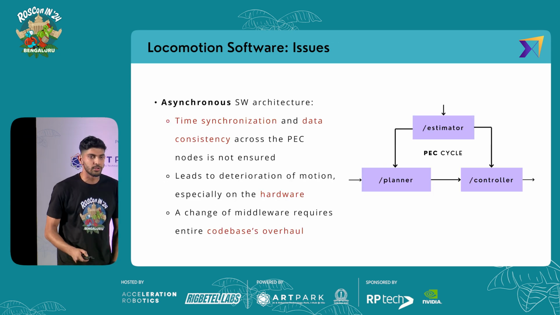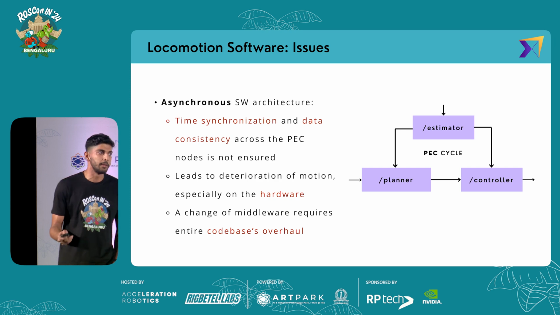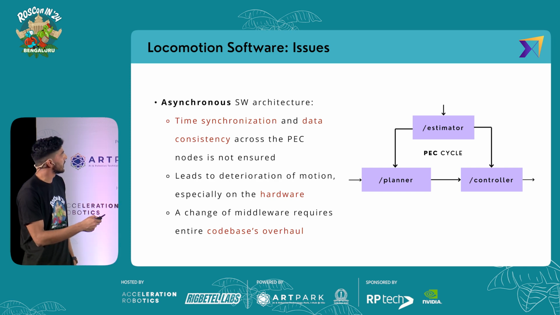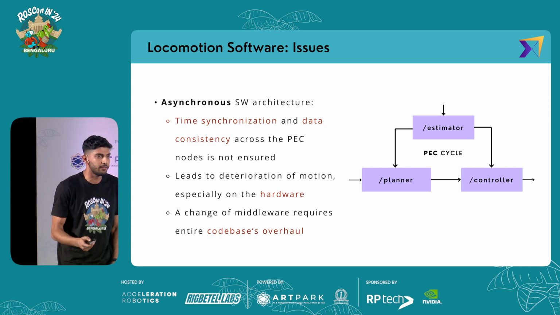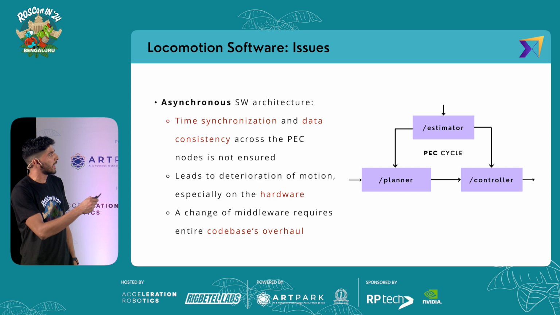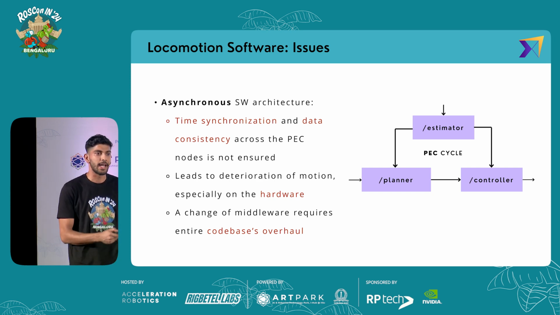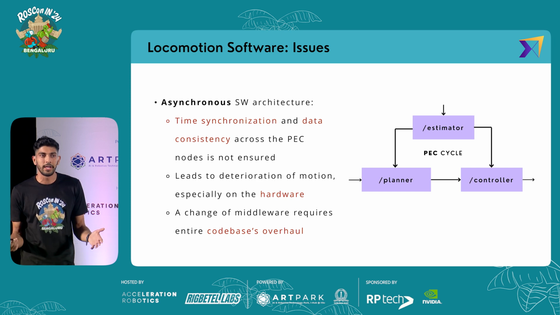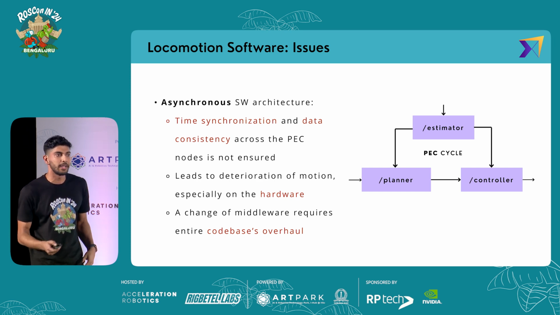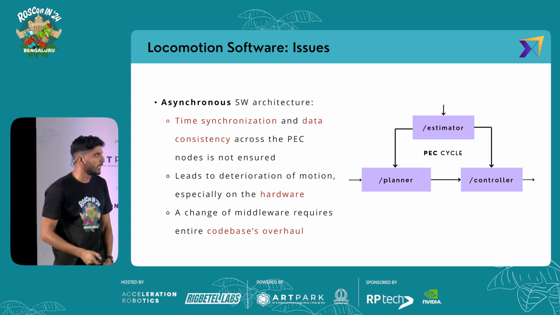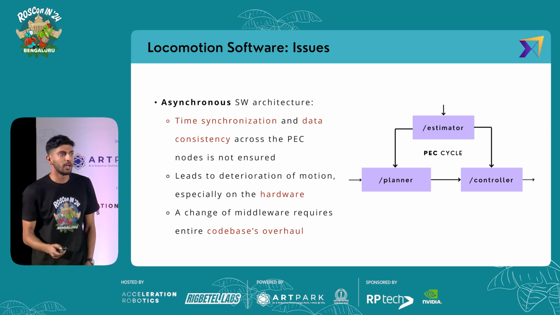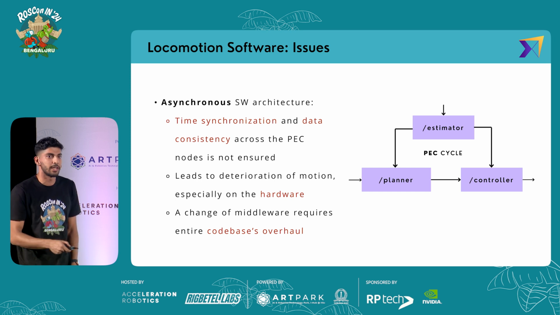Now, there are a few issues with this implementation that we started to run into when we moved on to hardware tests with this architecture. The first few issues are with the architecture itself. The first thing is that the synchronization between the different nodes is not guaranteed. They are all individually running at their own rates, and if there is a mismatch between the data between these three nodes, it can lead to a degradation of performance, especially on hardware where we cannot run each of these nodes at a very high rate.